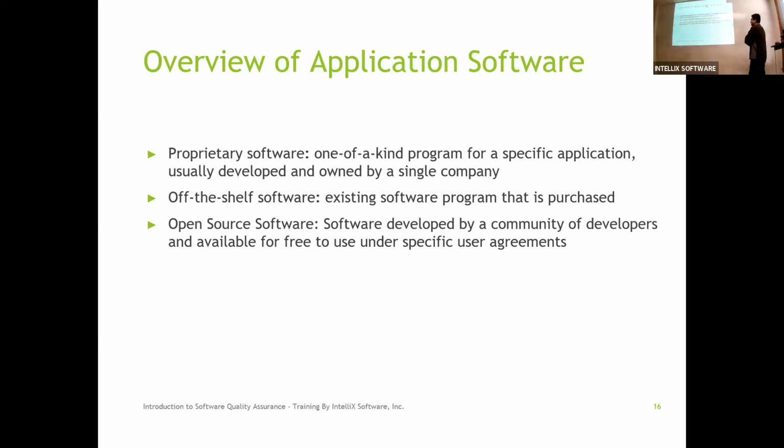The top one is essentially owned by a company, and it's not available to the general public; it's only for their customers or employees. The second one you can purchase, you pay a certain fee, and use it whatever way you want. The third one is free; you can download it and use it.